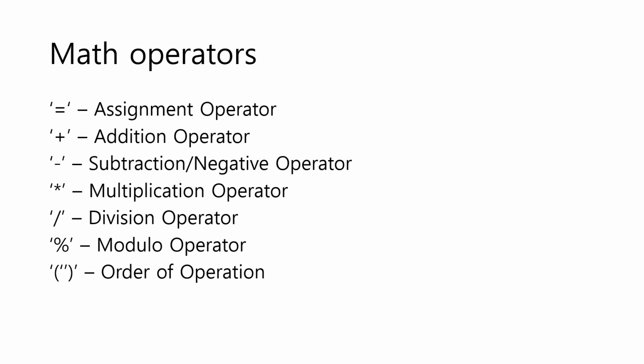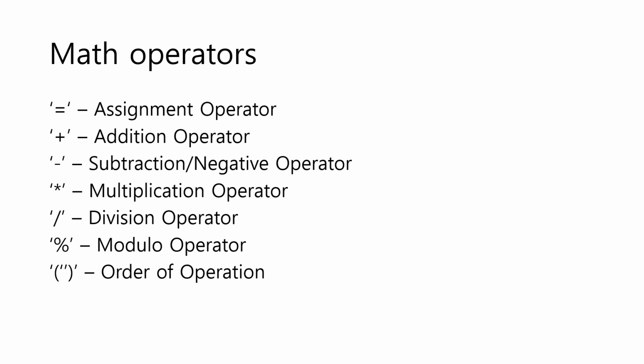I assume you know what parentheses operator means. It just means to do this first, whatever is inside the parentheses. The addition operator, subtraction or negative operator, multiplication operator, and division operators are all the things that actually do addition, subtraction, multiplication, and division.